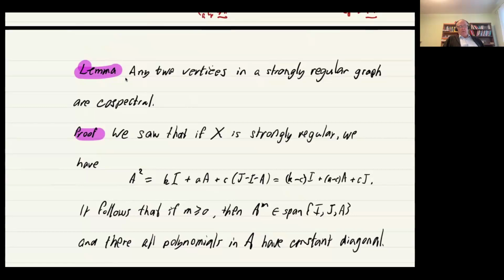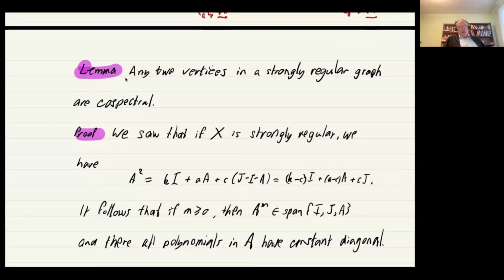We saw that if X is strongly regular, then it's equivalent to the definition that A squared can be written as kI plus aA plus c(J minus I minus A), where k is the valency, a is the number of triangles on an edge, the number of common neighbors of two adjacent vertices, and if two vertices are at distance 2, then they have exactly c common neighbors. And I can rearrange this and write it as a combination of I, A, and J.